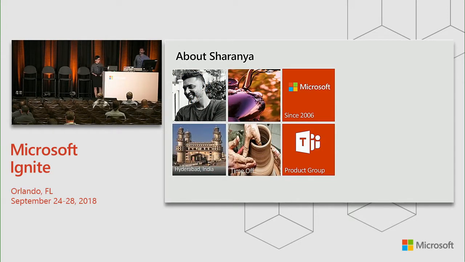My name is Sharanya. I work as a program manager in the IT Pro team. A little bit about myself: about 12 years in Microsoft, since 2006. The last 2 years have been with Office 365 and Microsoft Teams. Before that, I was working with consulting, as part of the Microsoft consulting group in services.